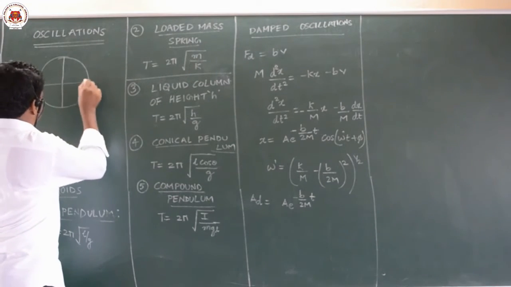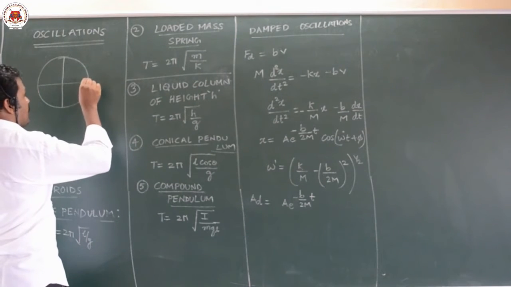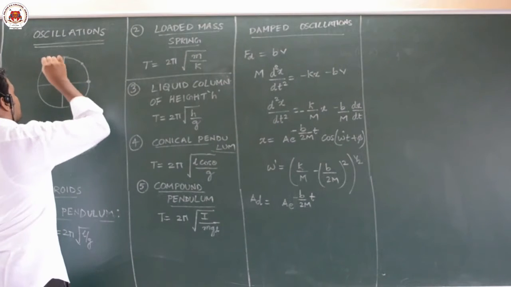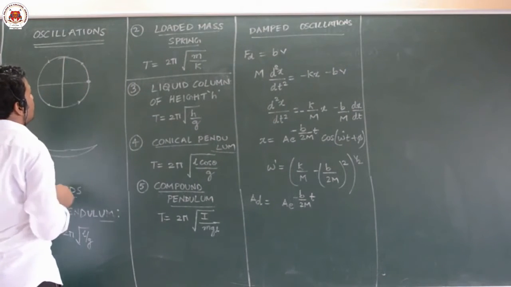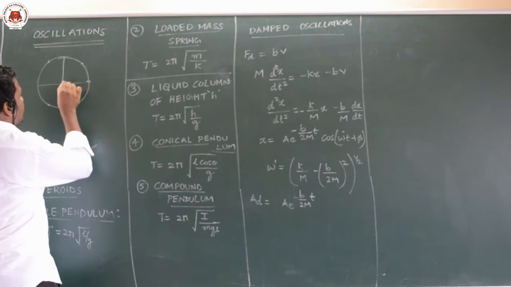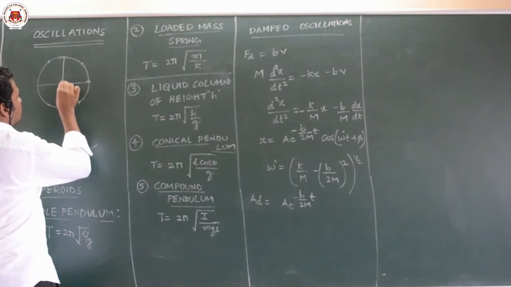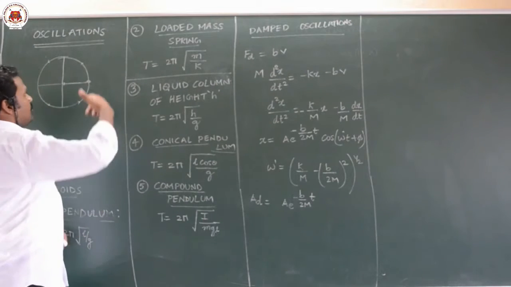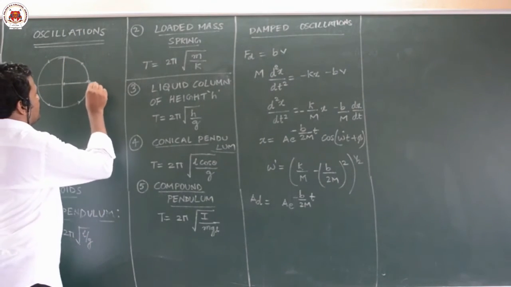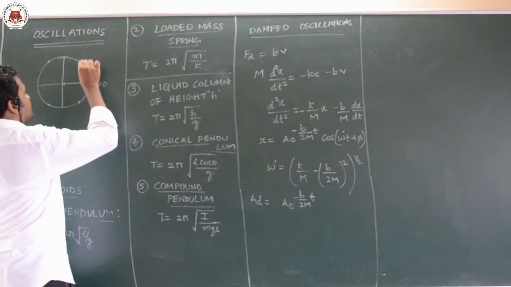For that, one example we can take. The example is a body revolving in a circle like this, and the foot of the perpendicular projected onto the diameter. This is the foot of the perpendicular. So I am drawing one perpendicular, projecting it onto the diameter. At time t equal to 0, the particle is here. After some time the particle reached here.